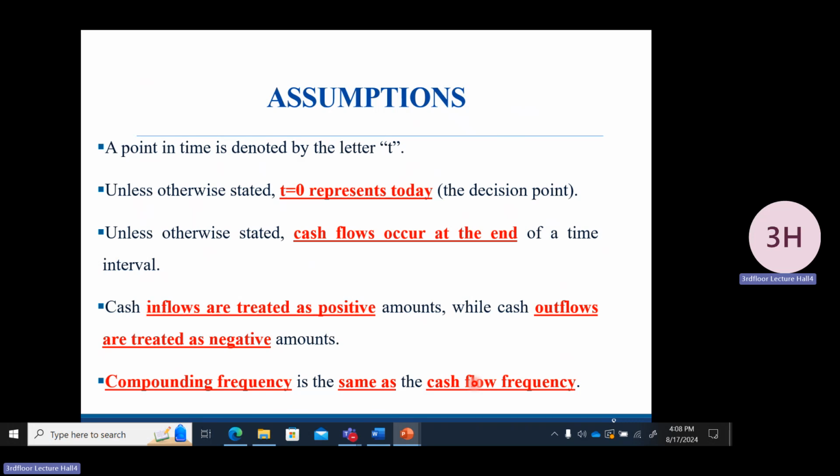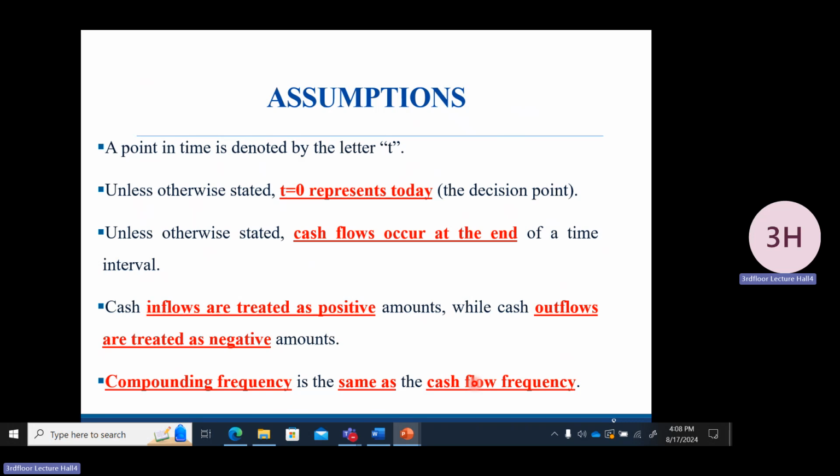What is the meaning of that? Normally, compounding frequency should equal the cash flow frequency. For example, suppose you are depositing some money in a savings account monthly, at the end of each month.